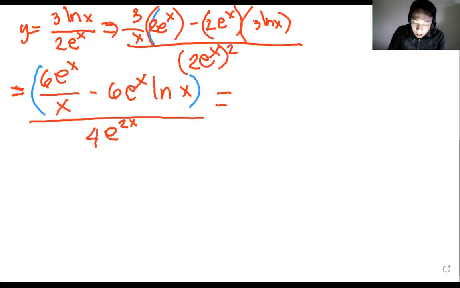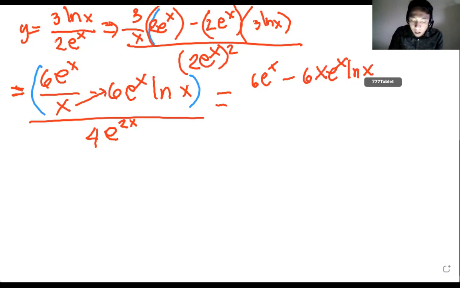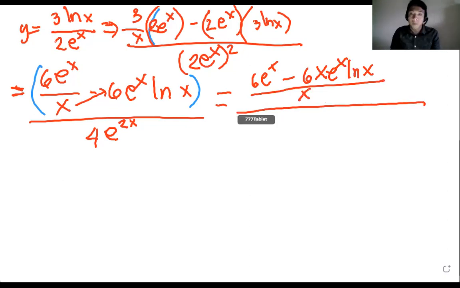So I will copy here 6e raised to x minus, okay, I will multiply it there, so it will become 6x e raised to x ln x all over their same denominator, which is x. Okay? All over 4e raised to 2x.